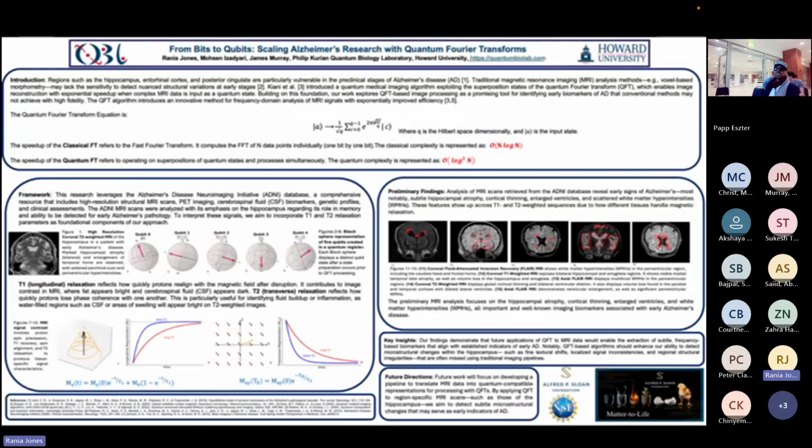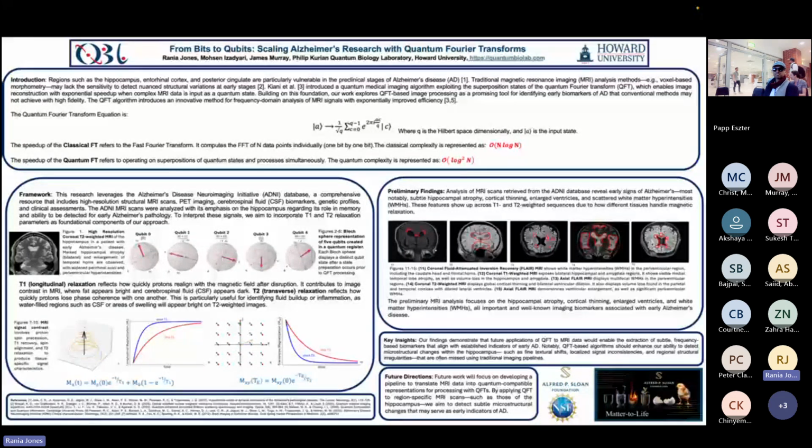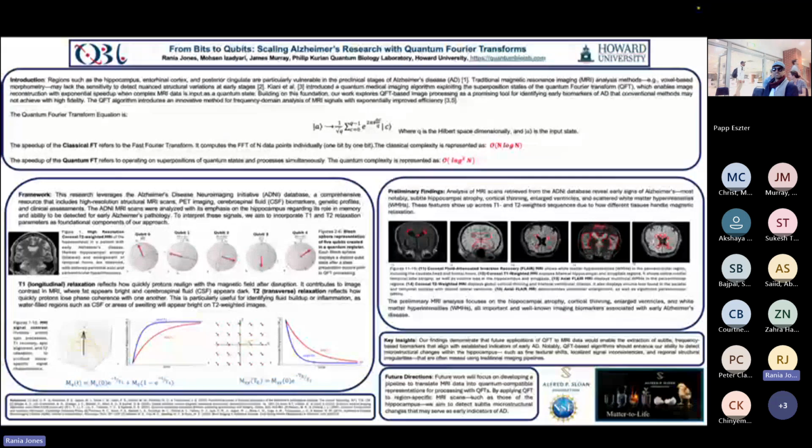To study this, I've been working with MRI data sets coming straight from the Alzheimer's Disease Neuroimaging Initiative, also known as ADNI, and I'll be referring to it as ADNI for the rest of this presentation. ADNI provides thousands of brain scans that also retain information from the clinical settings, making it one of the largest resources available for Alzheimer's research.